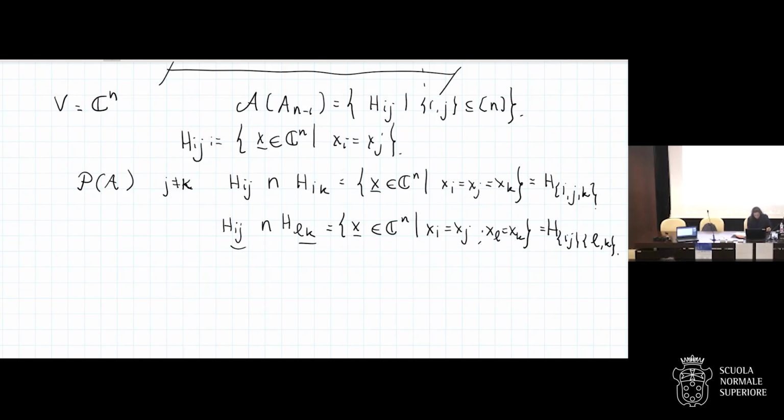In general, it is not hard to recover the fact that every element H in this poset of intersections can be written somehow like H_{I_1, I_2, ..., I_l}, where these are subsets of n with empty intersection.